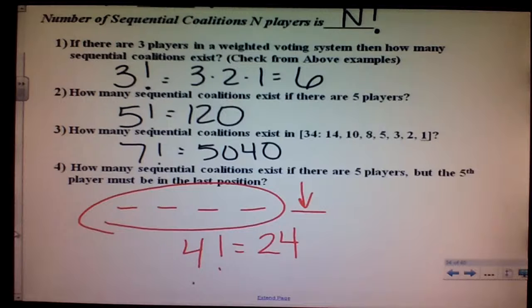This also goes down. So what if I told you you have 7 players to start with? You've got 7 players, which would be 7 factorial. But I want to keep player 1 in first place, and I want to keep player 4 in 4th place.